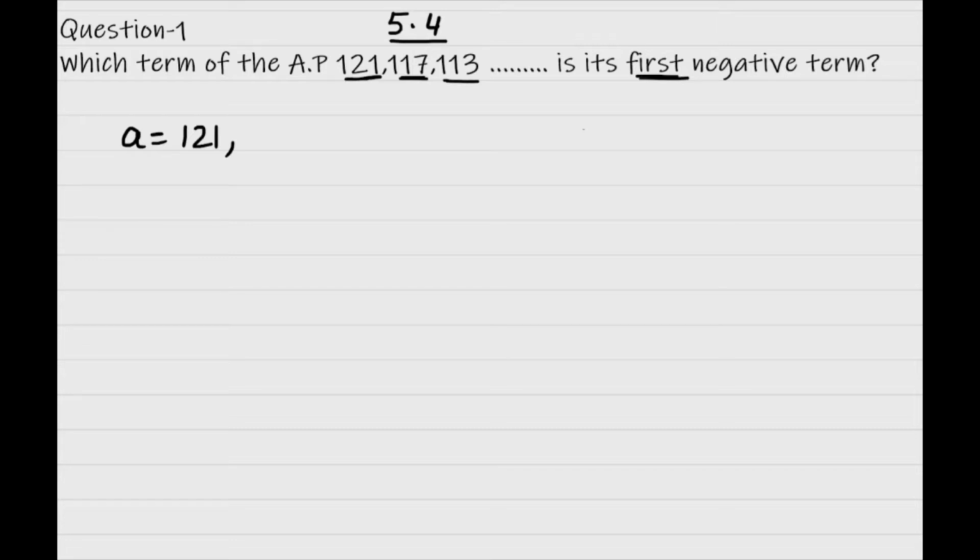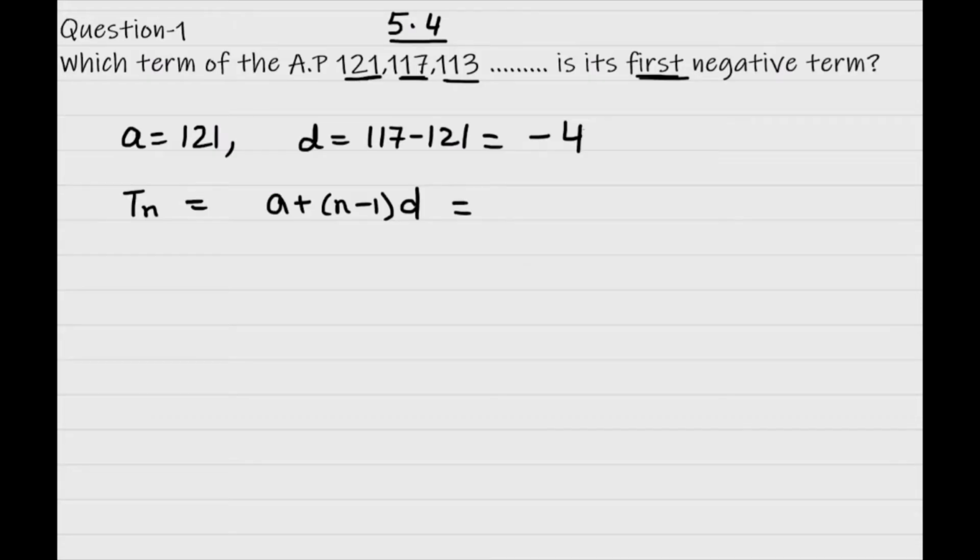So here you know that your first term A is 121 and common difference D will be equal to 117 minus 121, which will be equal to minus 4. Now see, you know how to find out your nth term, that is Tn. So nth term will be equal to A plus (n minus 1) into D. What is your A here? This is 121. And what is your D?